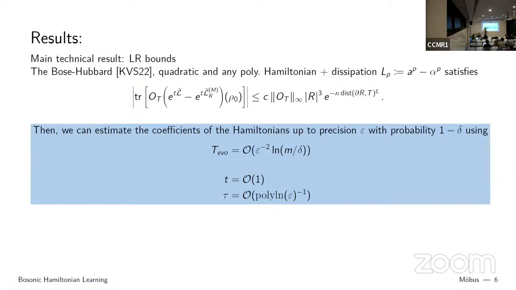We need the standard quantum limit, so the total evolution time scales as epsilon to the minus 2, and logarithmically in the number of modes, so the system size. The maximal time we need is constant, and the resolution time, so the smaller time step we need for our interpolation scheme, is polylogarithmic in epsilon to the minus 1.